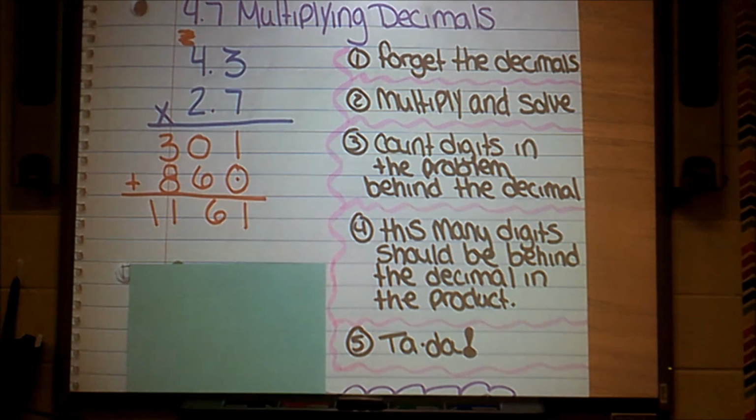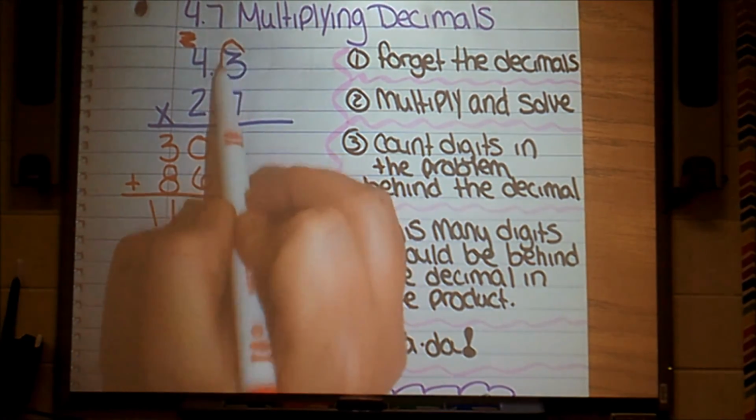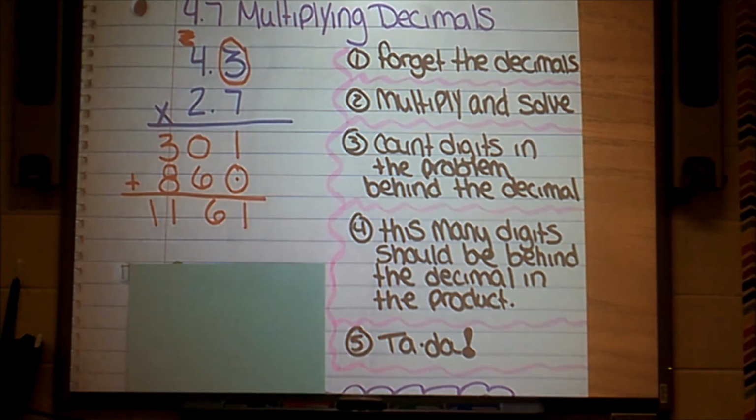This takes me down to step 3. I'm going to go back to my original problem, now reimagining that my decimals are in place, and I'm going to count how many digits are after each of my decimals. So I see in my 4.3 that I have exactly 1 digit after my decimal.